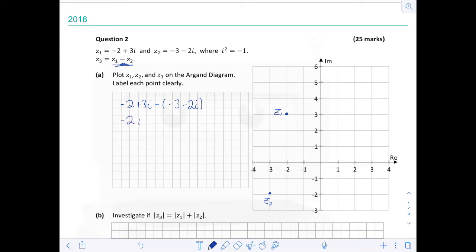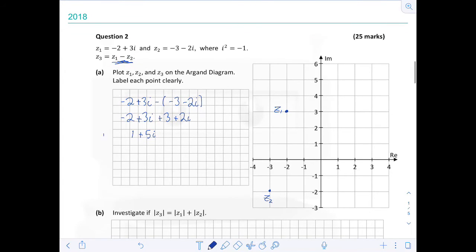So that's minus 2 plus 3i minus 3 plus 2i, and then that's minus 5 plus 5i. So that's what Z3 is equal to, which is over here. So that's Z3. Okay, that's full marks for part A.